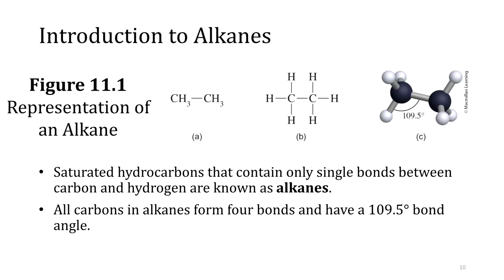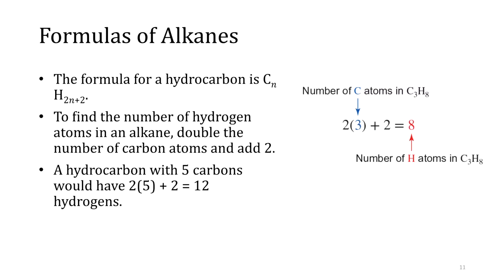So saturated hydrocarbons that contain only single bonds between carbon and hydrogen are alkanes. And alkanes form 4 bonds, and they all have a roughly 109.5 degree bond angle, pretty close to that value. Now the formula for all saturated hydrocarbons, alkanes, is CnH2n+2.